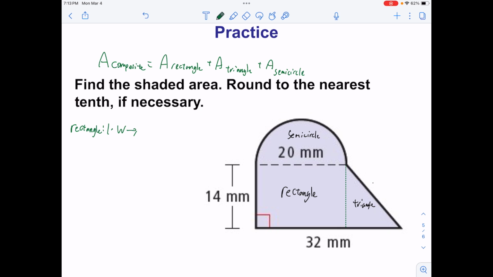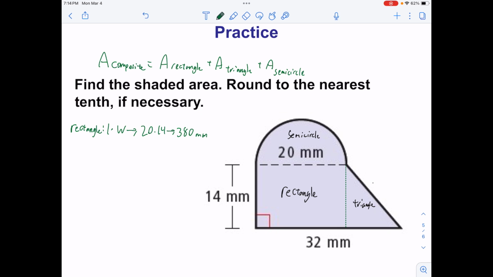So we actually have that, 20 times 14. Here's a 20 for this side of the rectangle. The 14 goes for this side of the rectangle. So we have the two measurements for the rectangle. 20 times 14 will give me 380 millimeters squared. There's that first one.